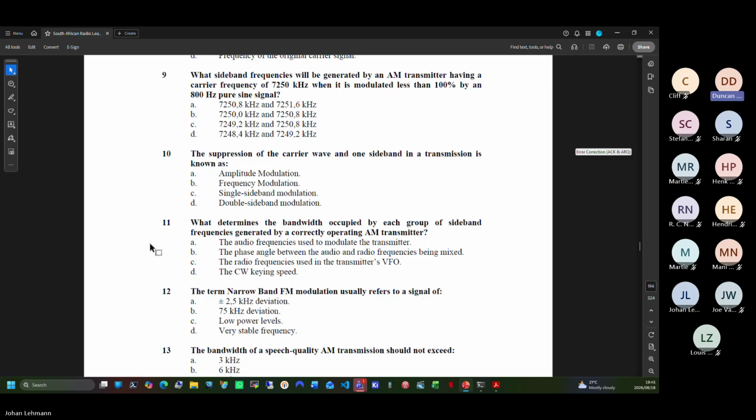Is it the audio frequencies used to modulate the transmitter? Correct. Remember, in AM modulation, lower and upper sideband are a mirror of each other, and it's dependent on the audio frequencies that I modulate with.